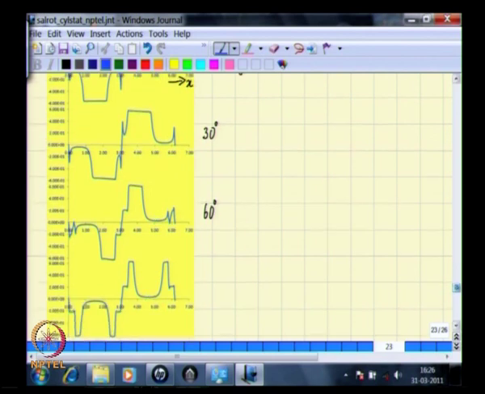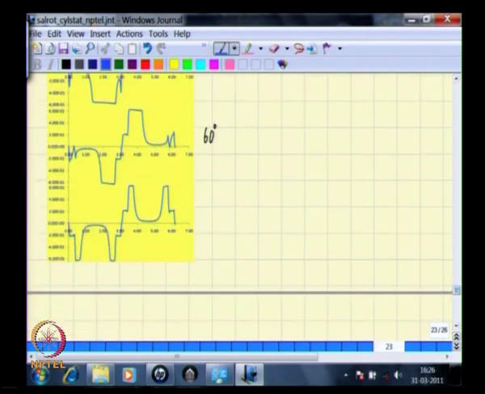Now this plot is drawn for 90 degrees of the rotor position, that means the rotor is vertical. So here again we see that this region corresponds to the pole phase area, so flux density levels are high. This region here again is the other pole phase, flux densities are high. This is the interpolar region, flux densities are low.